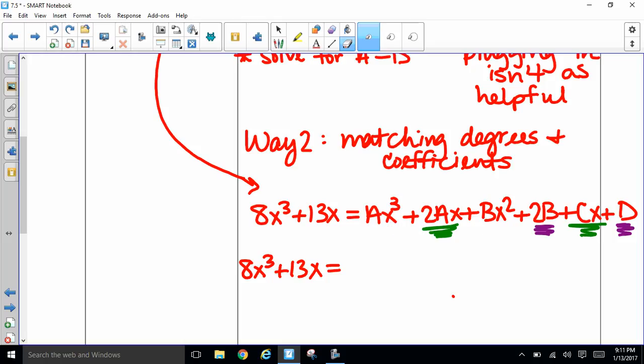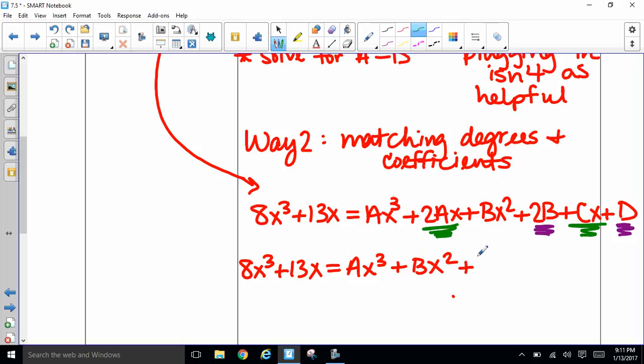So the x cubed is on its own, the x squared is on its own, but the x's and the constants go together. Okay, so I have ax cubed, and then I have bx squared, but then I have plus, switch over, and then I factor out the x's. I have 2a plus c in parentheses, all of that times x.